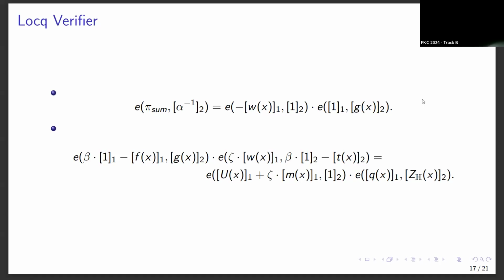And then also note that in the two pairing checks, we have the W(x) commitment appearing both here and in the second check, and the same is true for the G(x) commitment. It also appears twice. So we can further merge the two pairing checks by another linear combination, and save another pairing check.